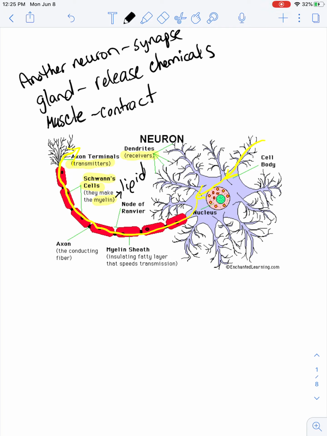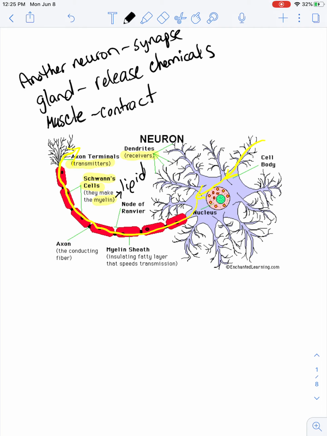And that is what causes the symptoms of MS. They have trouble a lot of times with movement, walking. They can lose sensation in their limbs. And that's because for some reason their body is attacking that layer like it's foreign.